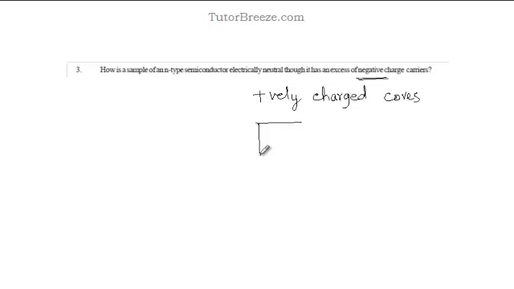Suppose this is an N-type material, and if these are the dopant atoms, which in case of N-type material could be arsenic, phosphorus, antimony, etc., a pentavalent atom. In that case, these would be positively charged cores and each of them would have a free electron. So you can see that the total amount of positive and negative charge on the material adds up to 0.